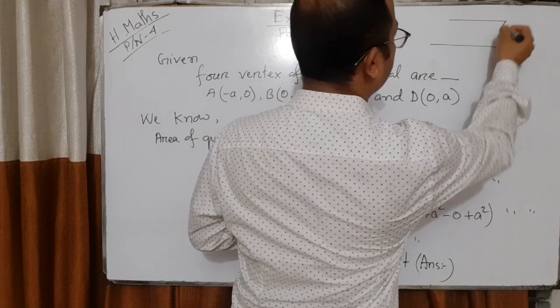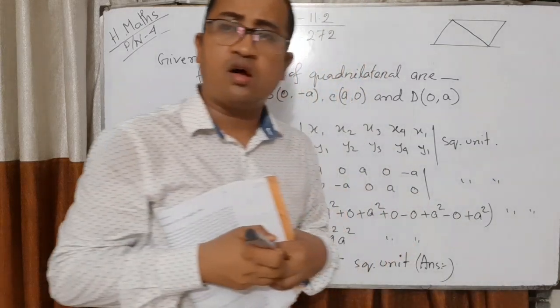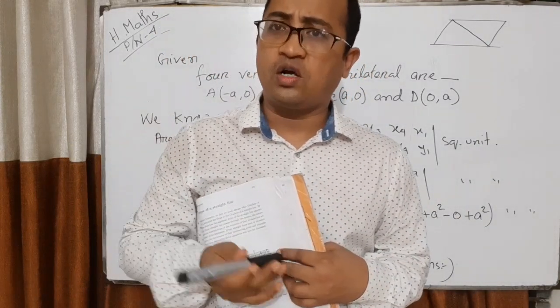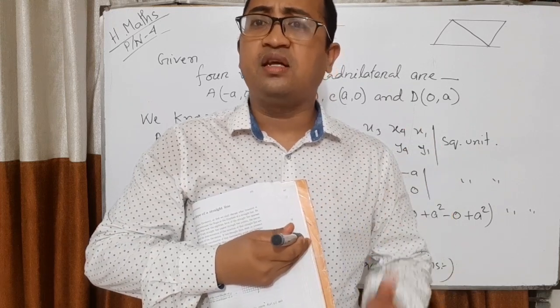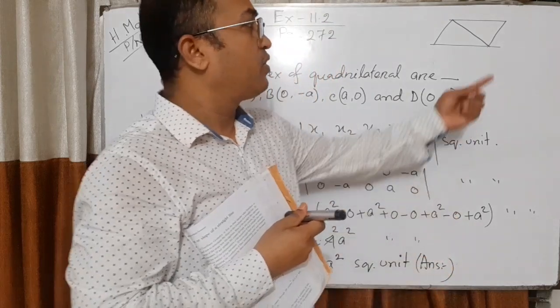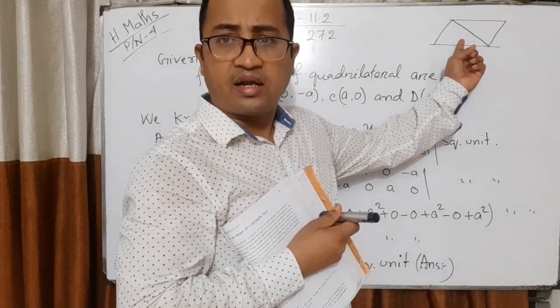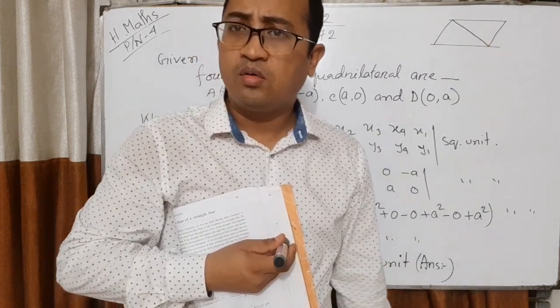Say this is a parallelogram, and we know the diagonal of a parallelogram, or any quadrilateral, bisects it into two triangles. Now if we find the area of this triangle and this triangle, then we can find the area of the quadrilateral.